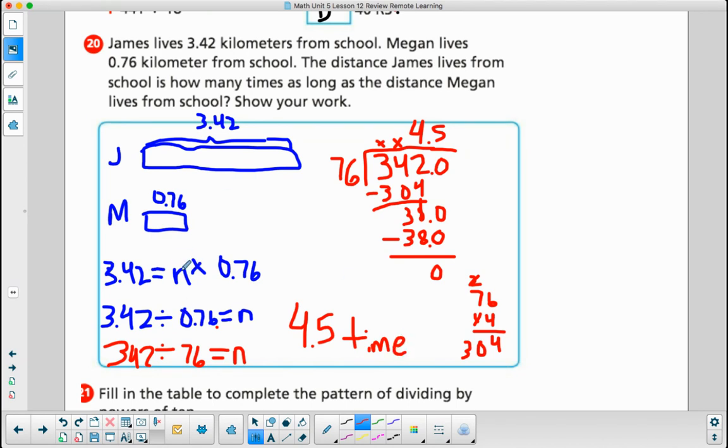Because remember, I was looking for how many times as long as the distance Megan lives from school. So it's 4 and 5/10. Obviously I didn't draw this very well to scale, but had I, it would take up 1, 2, 3, 4, and then a half of Megan's.